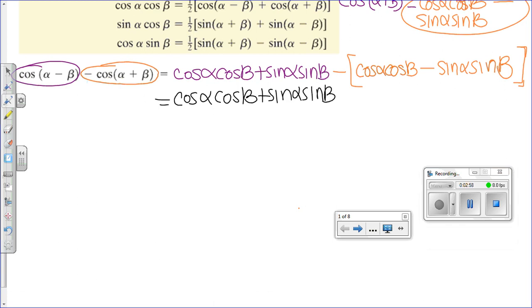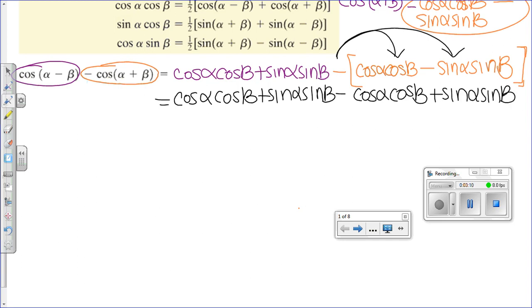It is very important that you distribute that negative sign. I hope you did. Who forgot about that sign? Especially this one, that's the one you have to make sure you take care of.